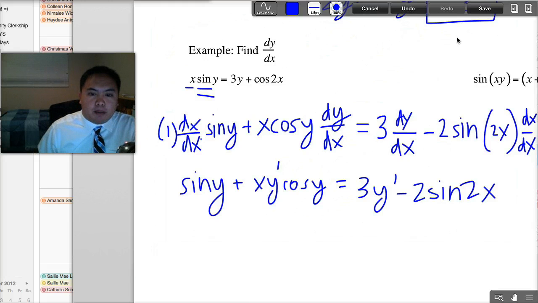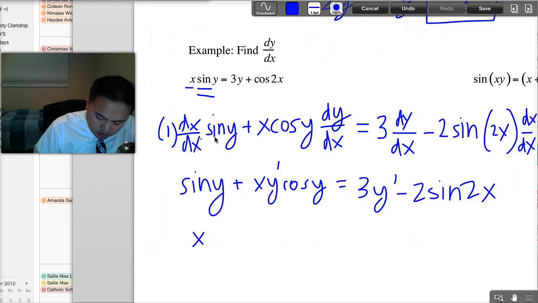Here's the problem. I have y primes on both sides, and then I have all this extra stuff. So all you have to do is basically move the y primes to one side and the non-y primes to another side. So let's subtract 3y prime from both sides, and let's subtract sine y from both sides. I'm moving this one to the left, and this one to the right.